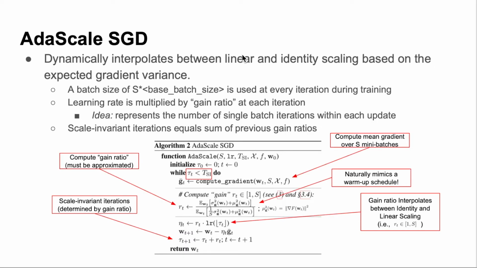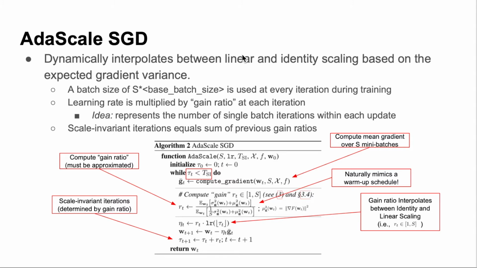So now we make it to the crux of the AdaScaleSGD algorithm, where we want to dynamically interpolate between these two rules, the linear scaling rule and identity scaling rule, that have been proposed by the authors as motivation for the AdaScaleSGD algorithm. For every iteration of this algorithm, we use a base batch size multiplied by a factor of s.